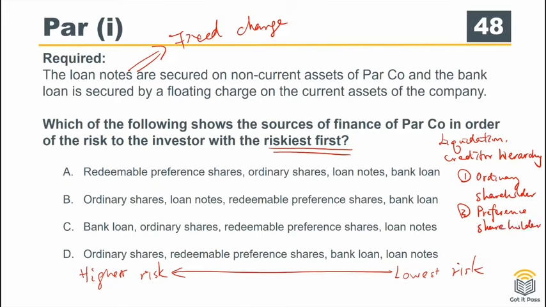In general, preference shareholders have no charge on any assets of the company. And then will be a floating charge creditor, because even though they have the charge on the assets, it is not fixed on a particular asset. And the safest creditors are those with a fixed charge.